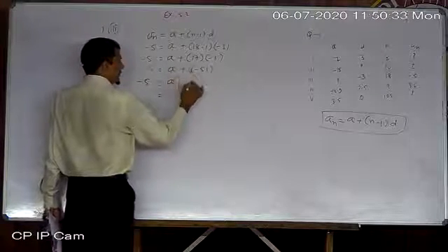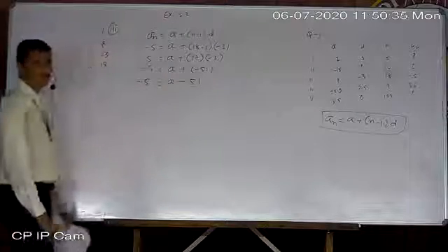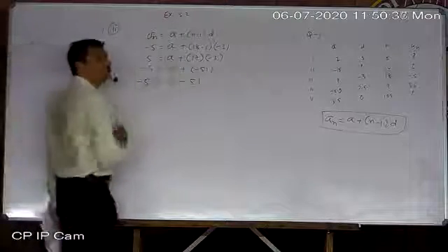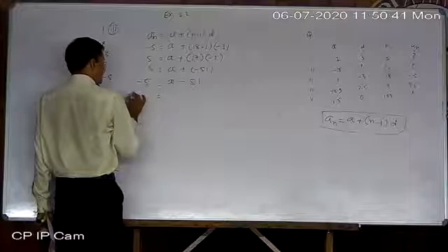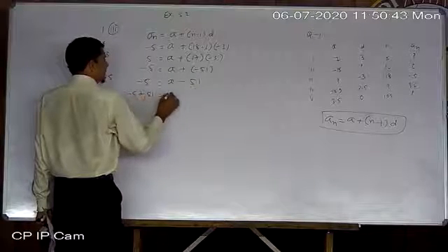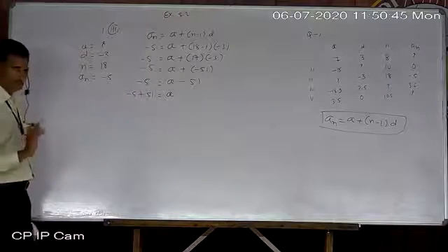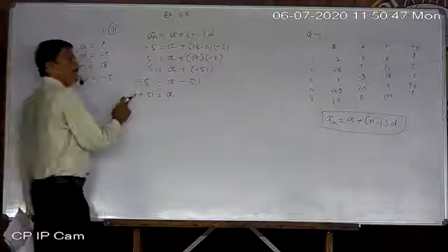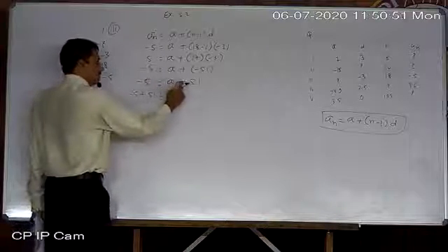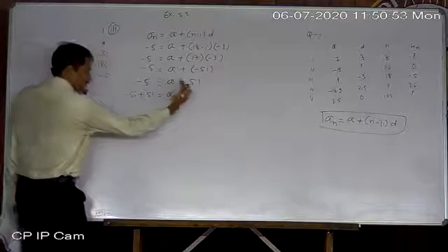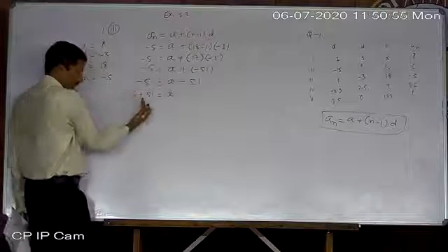Just open a bracket here, A minus 51. Otherwise you can directly shift that also. So now 51 comes here, so it will become minus 5 plus 51. Why? You know, minus 5 was here only, so no change in the sign of minus 5. But minus 51 shifted towards the left side from right to left. Clearly it is shown here.